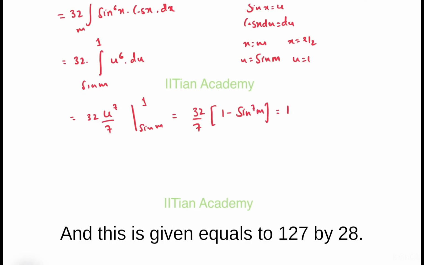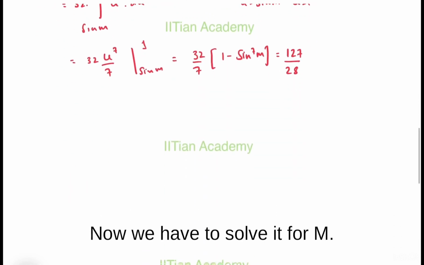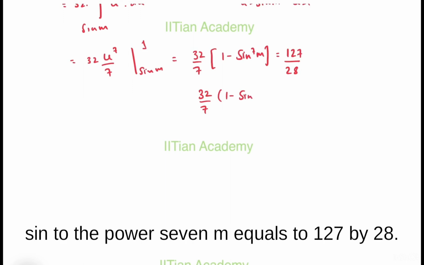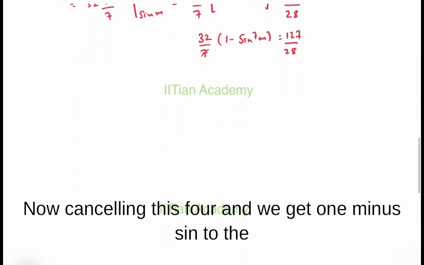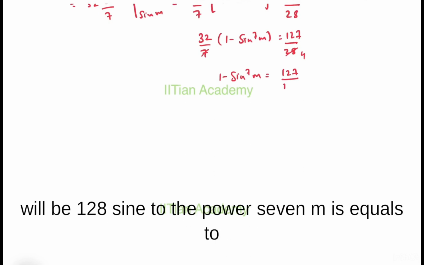This is given equal to 127 by 28. Now we have to solve it for m. So 32/7 into (1 - sin^7 m) equals 127/28. Cancelling the 4, we get 1 - sin^7 m equals 127 divided by 32 into 4, which is 128.